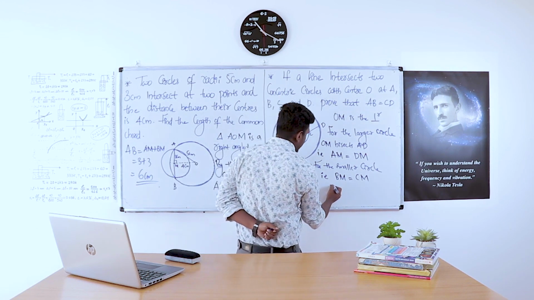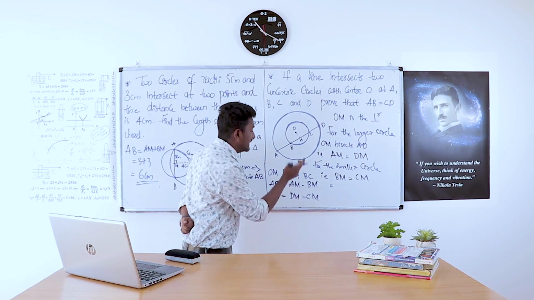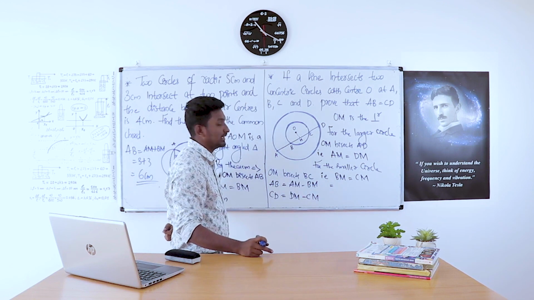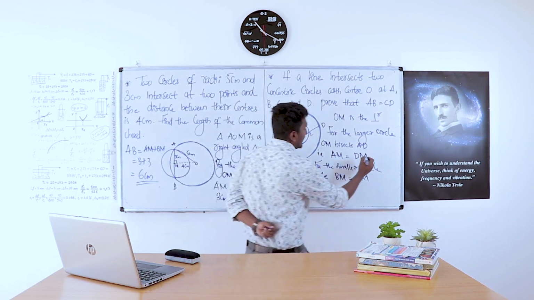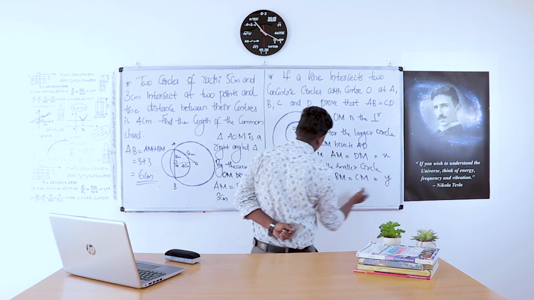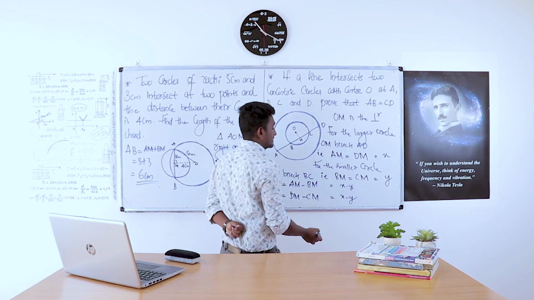Now we know that AM and DM are equal, and BM and CM are equal. So, if AM is equal to DM is equal to X and BM is equal to CM is equal to Y, then AM minus BM is equal to X minus Y and DM minus CM is equal to X minus Y.